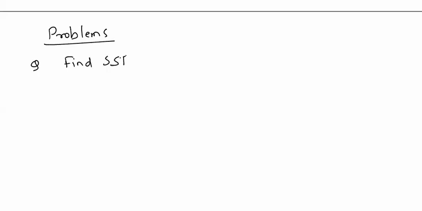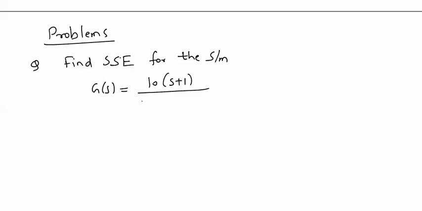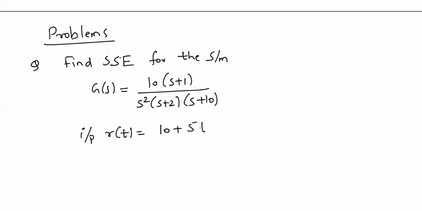Find SSE for the system G of s is equal to 10 into (s plus 1) divided by s square into (s plus 2) into (s plus 10), and the input given to me is r of t is equal to (10 plus 5t plus t square by 2) into u of t.